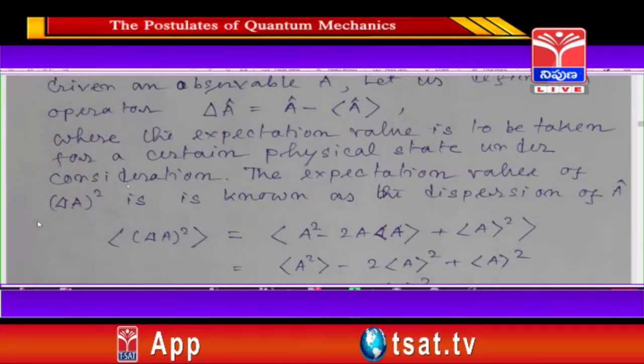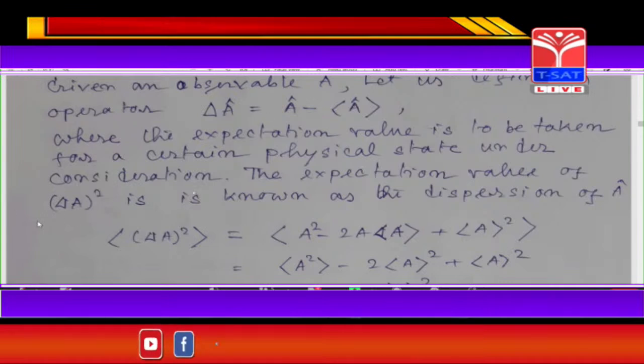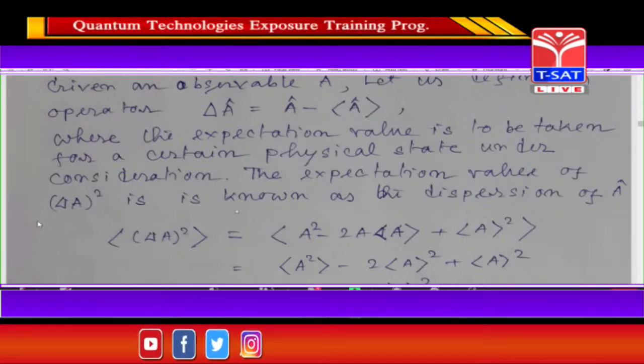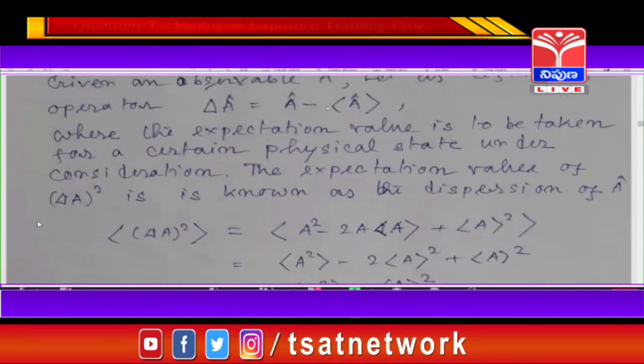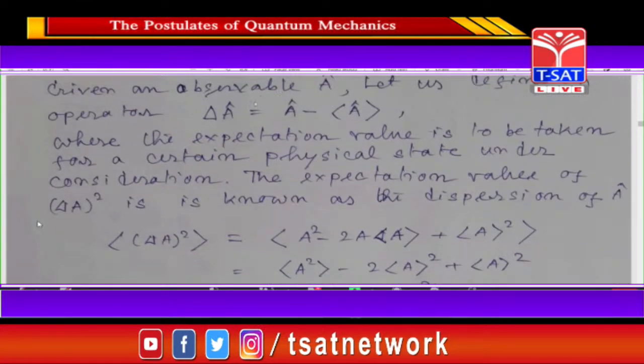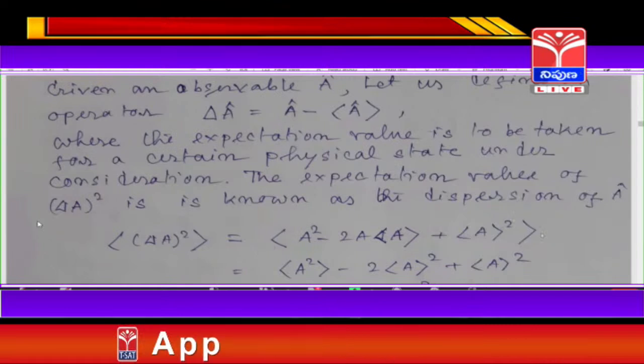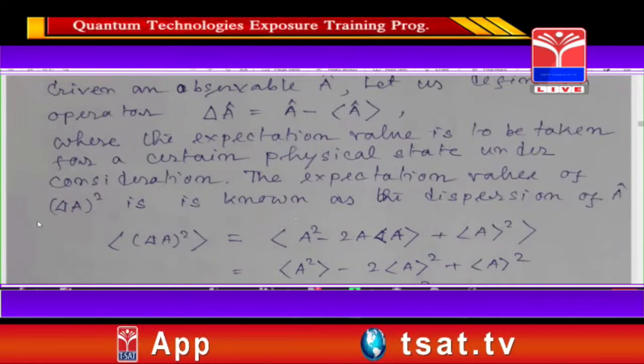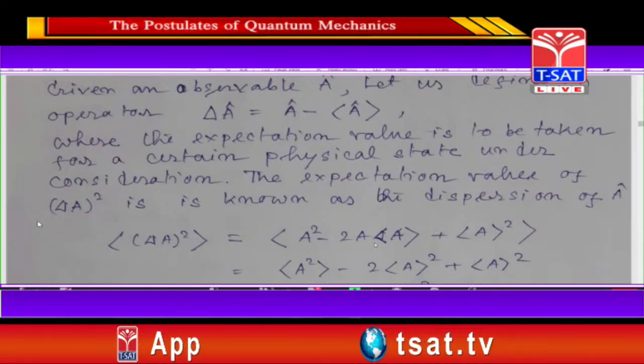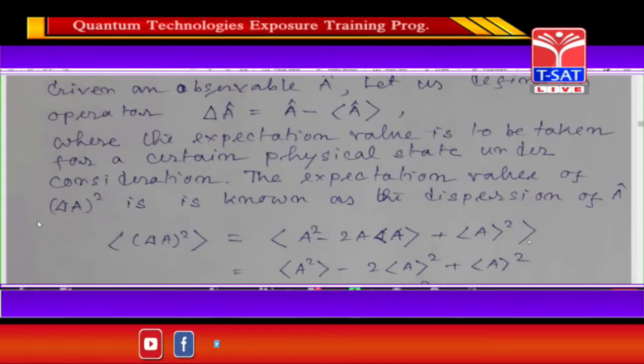If we take the expectation value of delta A whole square, that is the expectation value of A square minus twice A times the expectation of A plus expectation A square.